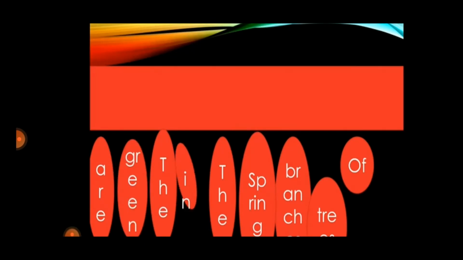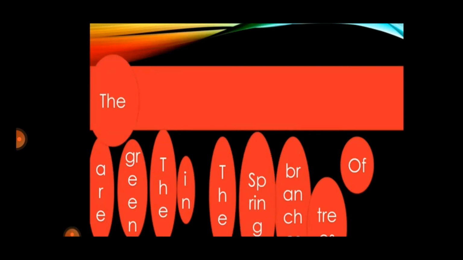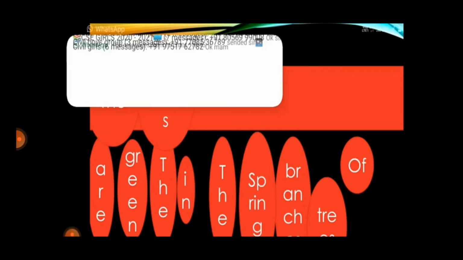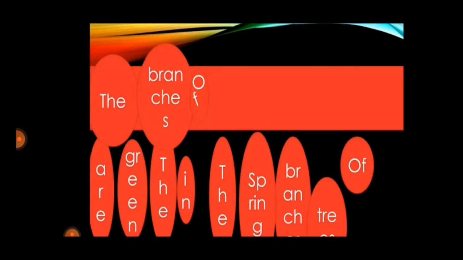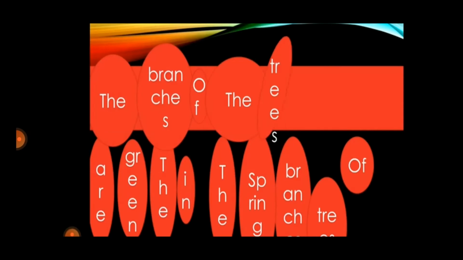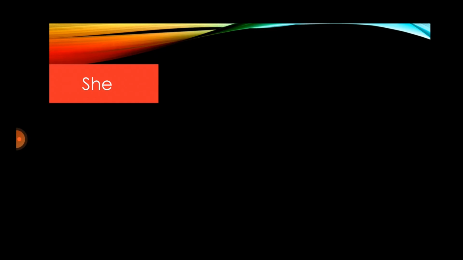So the adjective phrase closely follows the noun. That's the point that we have to learn here. The branches of the trees are green in the spring. So the adjective phrase is closely following the noun. Okay, now we will move on to the next one.